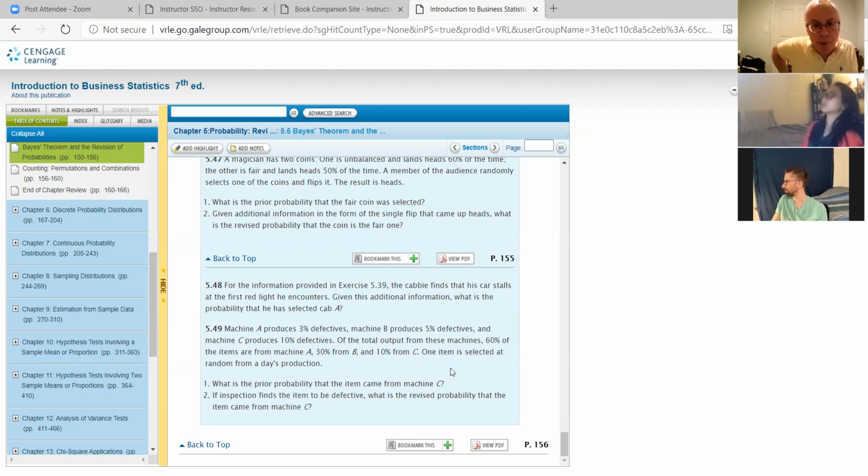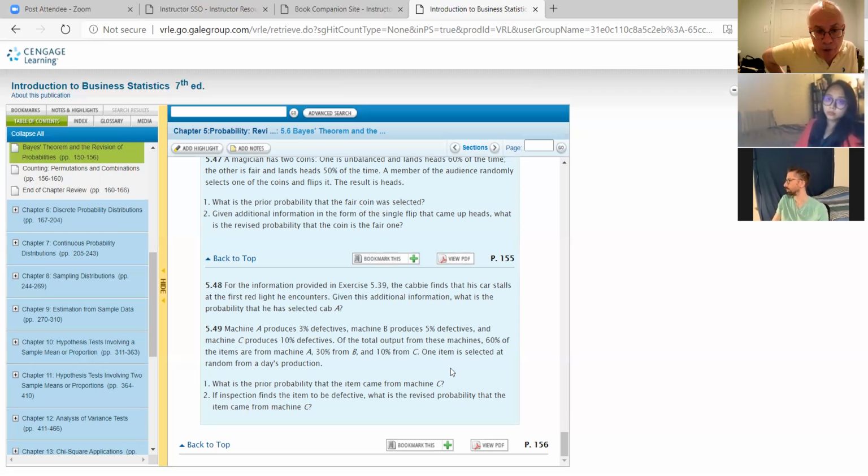If you're selecting an item at random from the output, what's the probability that it came from C? And what is your answer? 0.1, right? That's because 10% of the output comes from machine C. So that's straightforward.